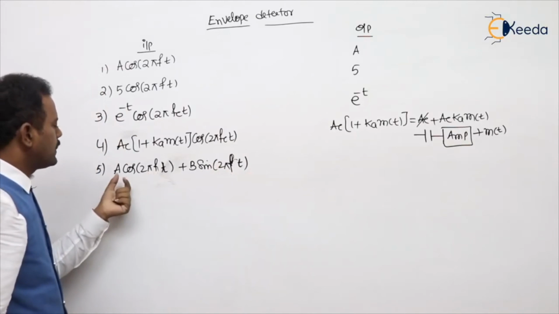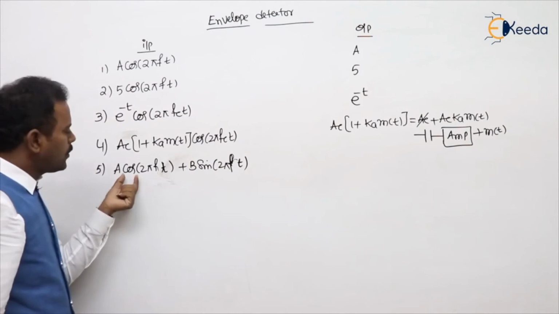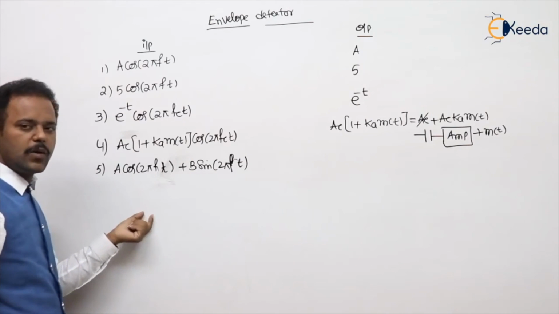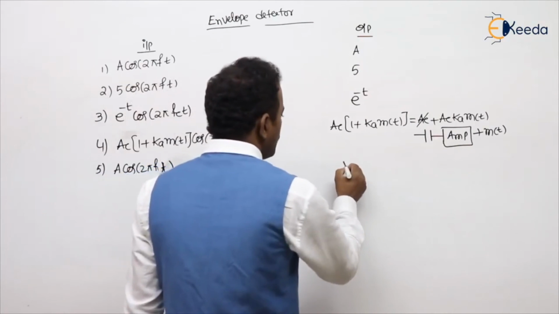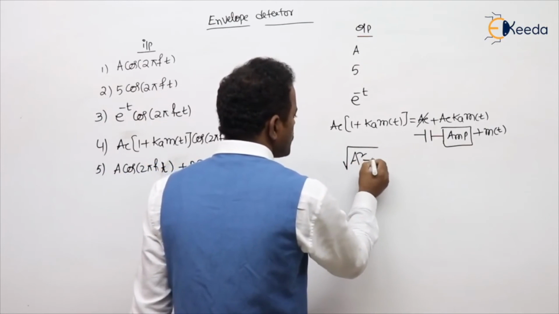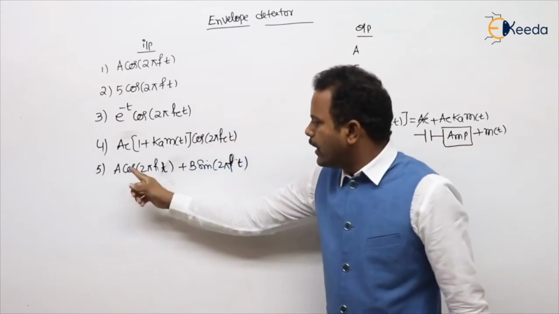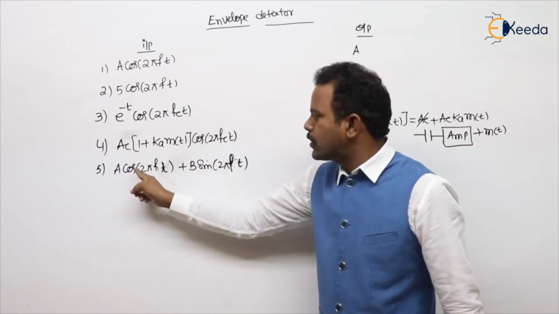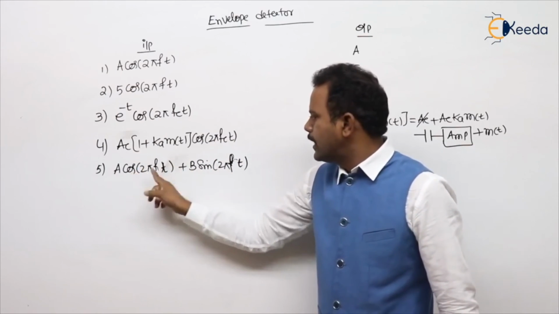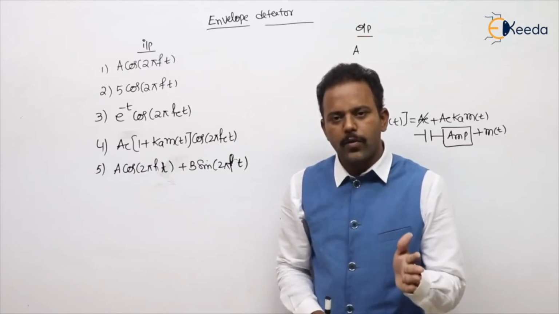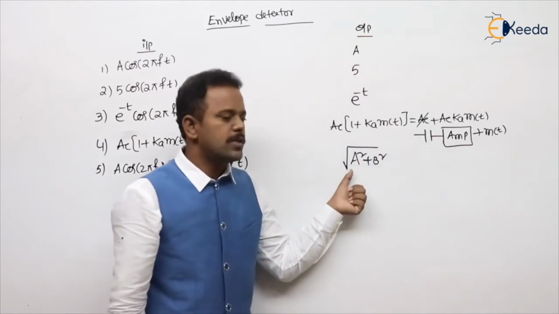What will the envelope detector give you? The positive peak value. How do we calculate the maximum value of this? By differentiating and getting the roots. The value that comes is root of A square plus B square. So if we have A cos plus B sin, both with the same frequency but different functions, the maximum value or envelope detector value is root of A square plus B square.